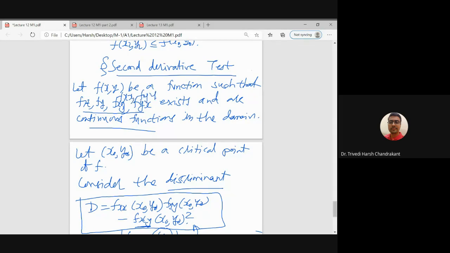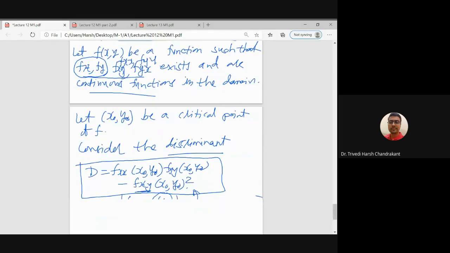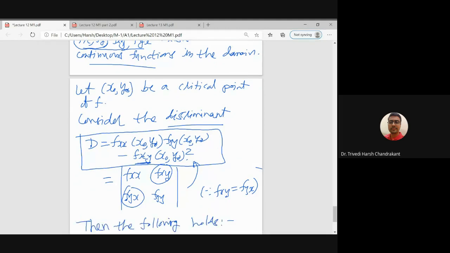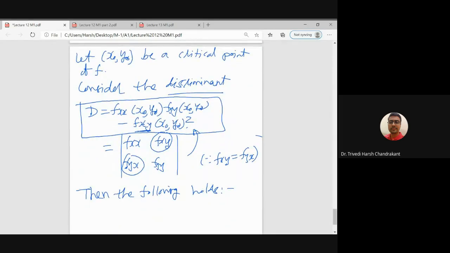So basically we have four second order partial derivatives, which are fxx, fyy, fxy and fyx. All four partial derivatives of second order and the first order partial derivatives all exist and they are continuous in the domain.